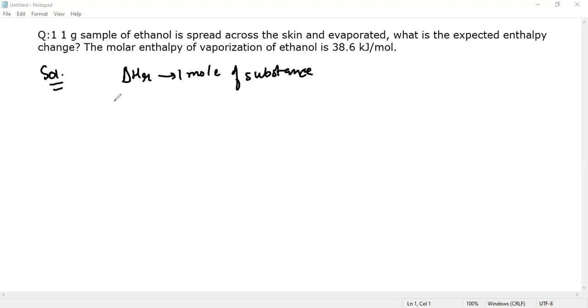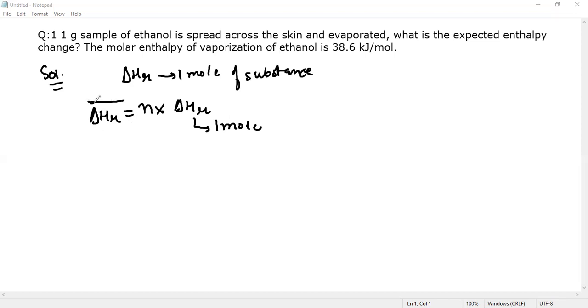You will find the amount of substance, n, and multiply it with the molar enthalpy change. This enthalpy change is associated with 1 mole of substance, so you multiply it by the number of moles given in the question, and then you can calculate the total enthalpy change for that substance.